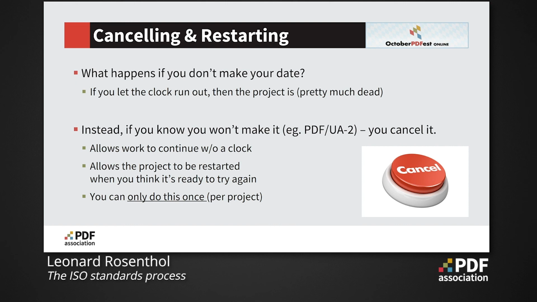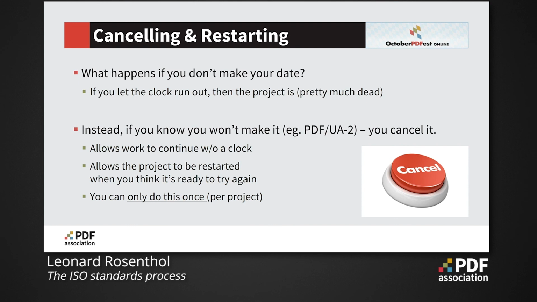Instead, what we do is we forcibly cancel the project. Most recently you saw this with PDF UA2. The committee realized that there was no way they could complete their work in the time frame required. It was going to require a lot of additional work. And so instead, we canceled the project.